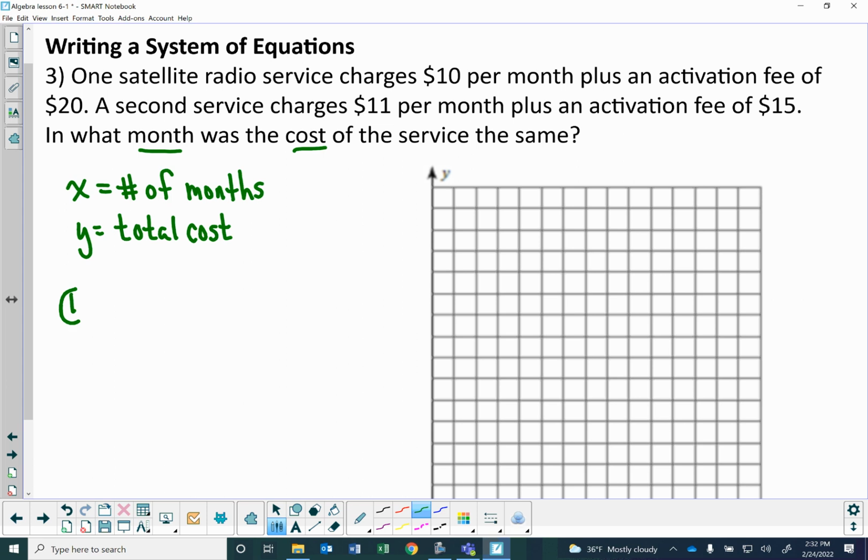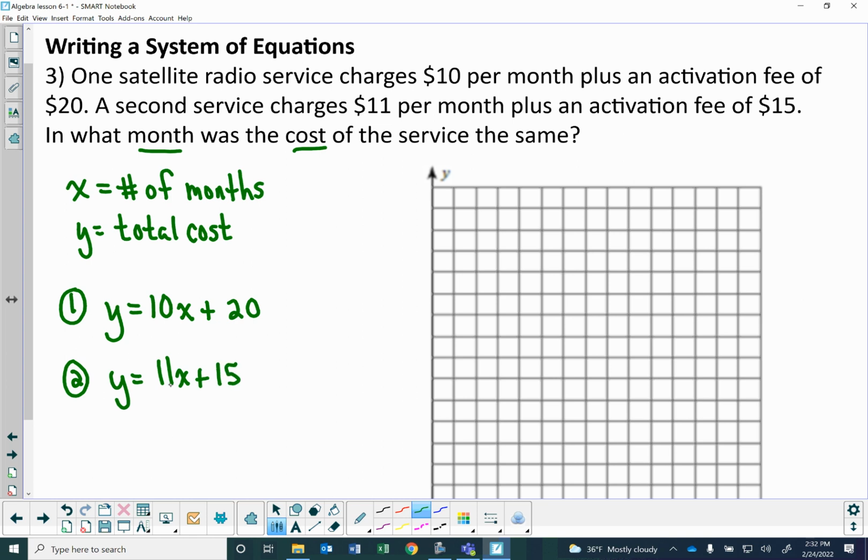So the first service, which is going to be my first equation, charges $10 per month plus an activation fee of $20. So my total cost will be $10 per month plus my $20 activation fee. So 10x plus 20. The second satellite radio service charges $11 per month and an activation fee of only $15. So their total is going to be 11x plus 15.